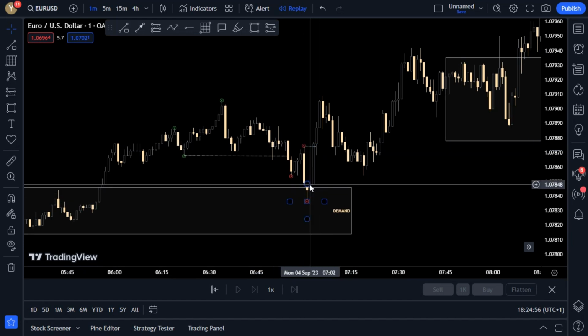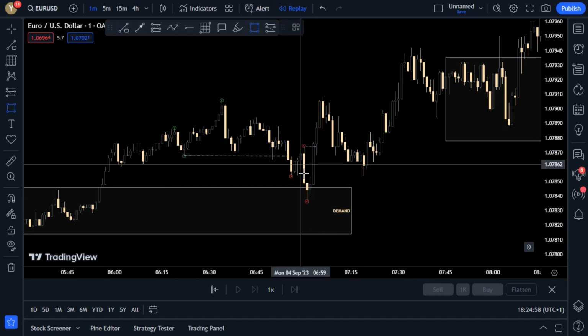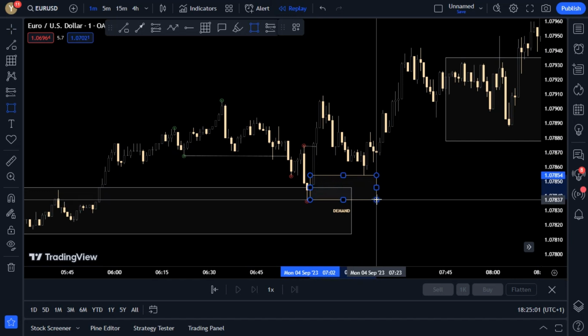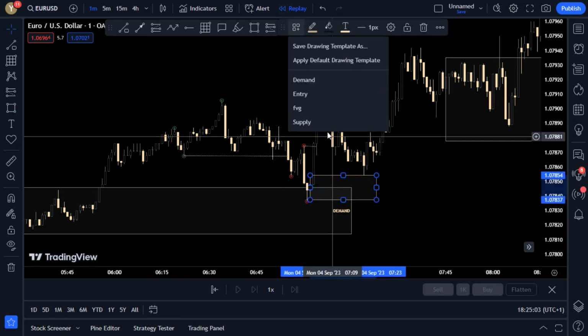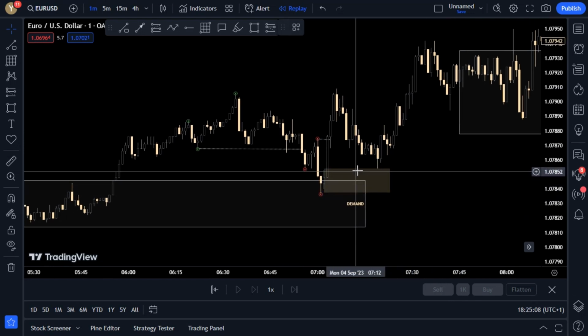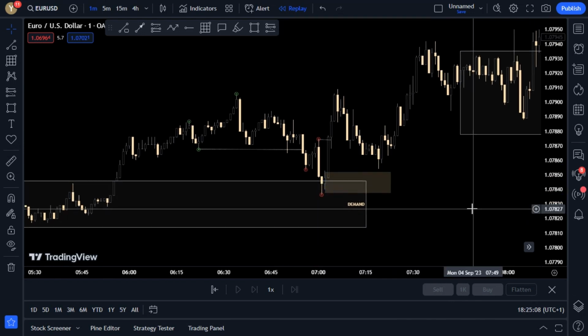So this zone here is the decision point and also the extreme. I'm going to make this entry. That's the decision point and also the extreme, but however price never got to that level.